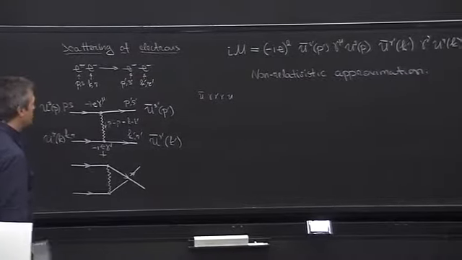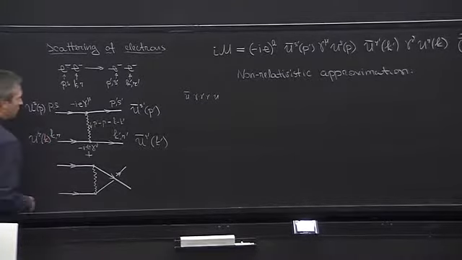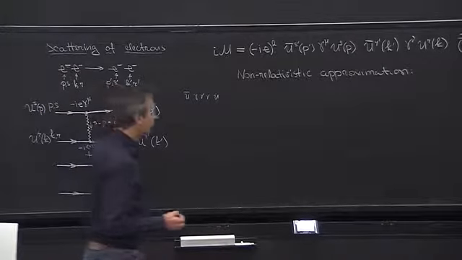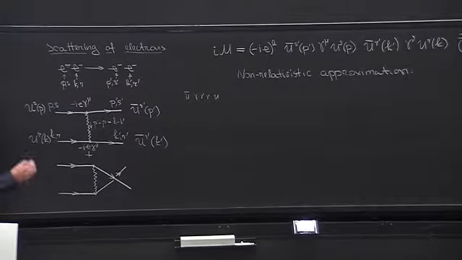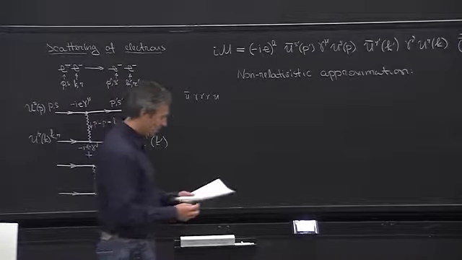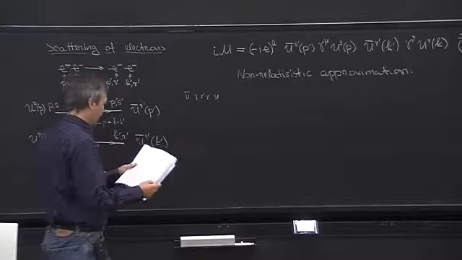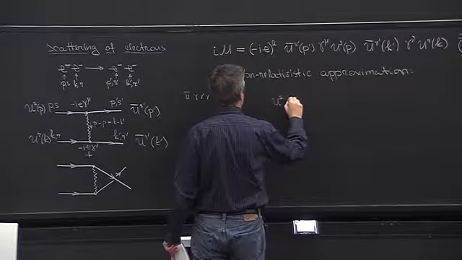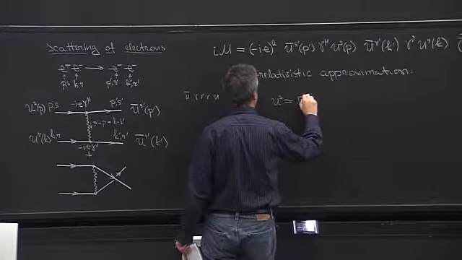So in the non-relativistic approximation, we assume that the momenta of incoming and outgoing particles are much smaller than their masses, so their velocities are smaller than the speed of light. And then we know that for spinors, in the non-relativistic approximation, we obtain the following formula.